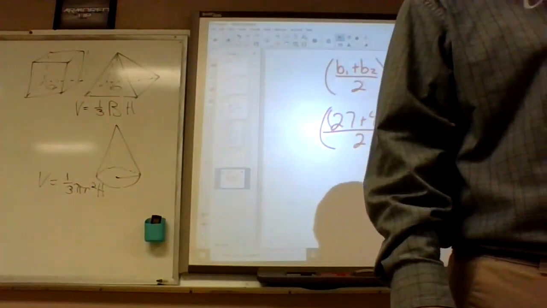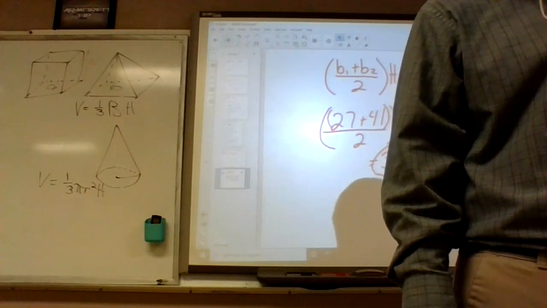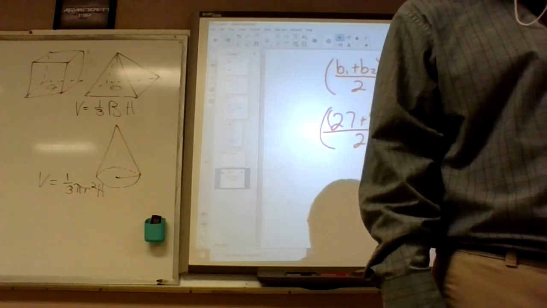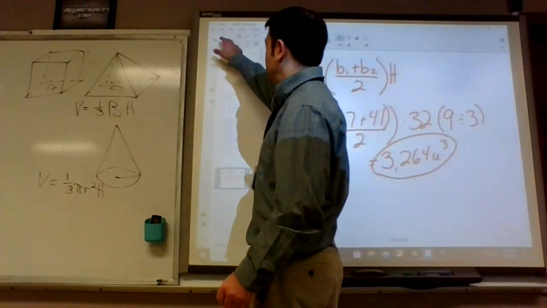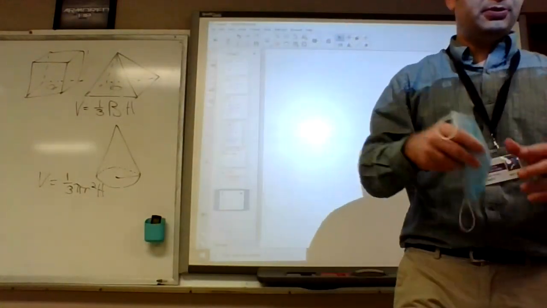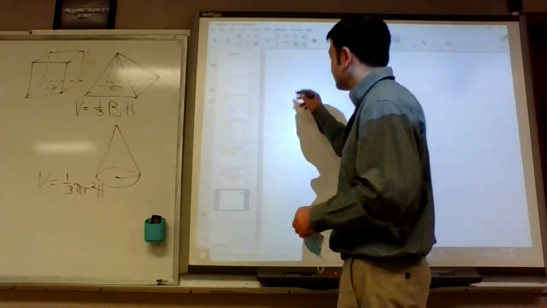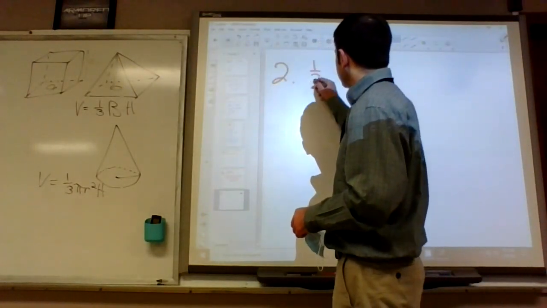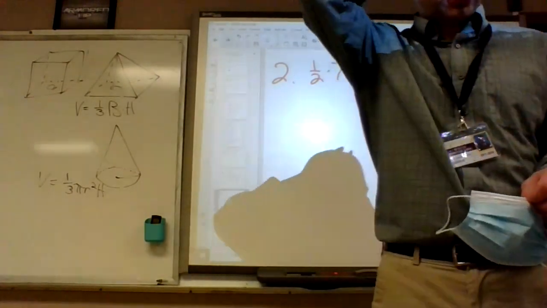Okay, 2, 4, and 6 are all 1/2 apothem perimeter for the base. Maybe we should set up one just for practice. Let's set up 2, I guess they're all the same. So number 2, you do 1/2 apothem, the apothem is 7, times perimeter. How many sides?